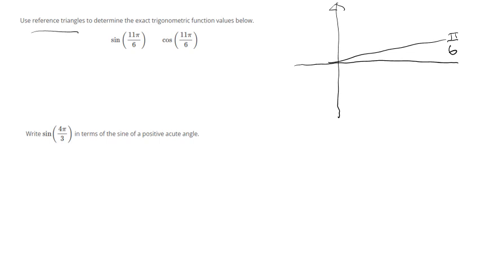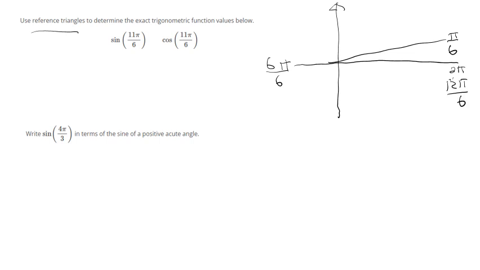Now, what is the reference angle? Well, we need to know what quadrant we're in. If you think about it, this is pi, which is really 6 pi over 6, and 11 pi over 6 is way past there. Well, this is 2 pi, which is really, I'm sorry, 12 pi over 6.